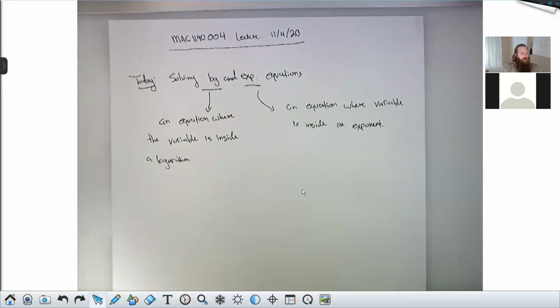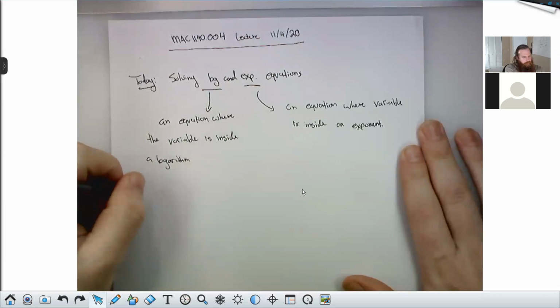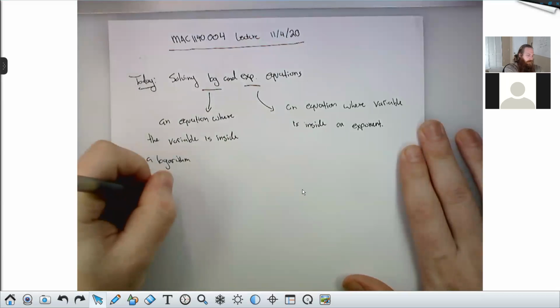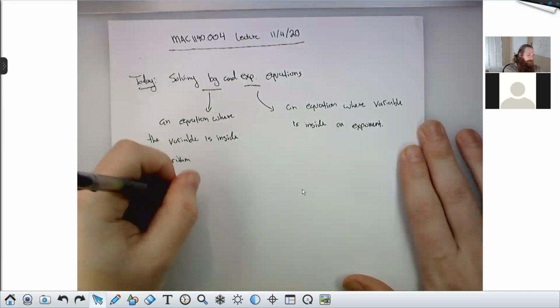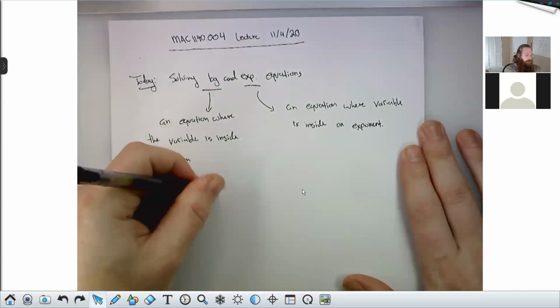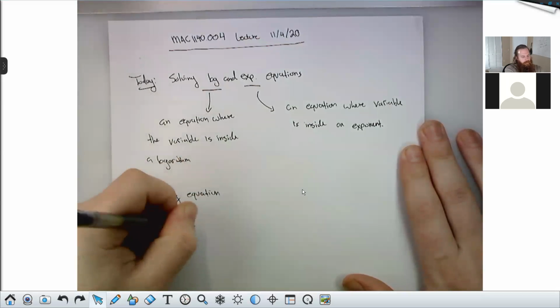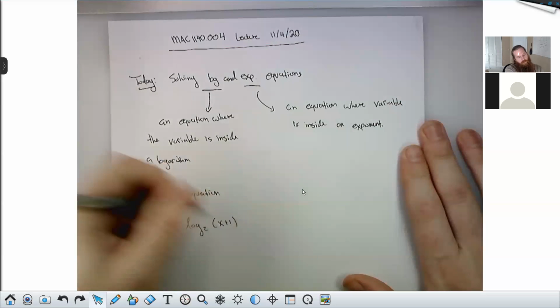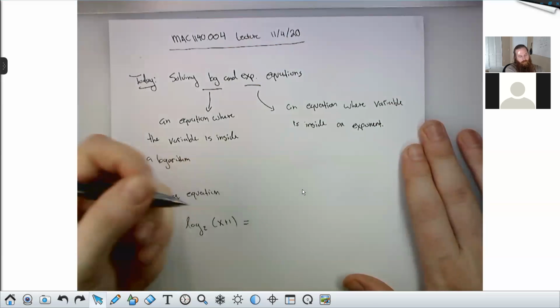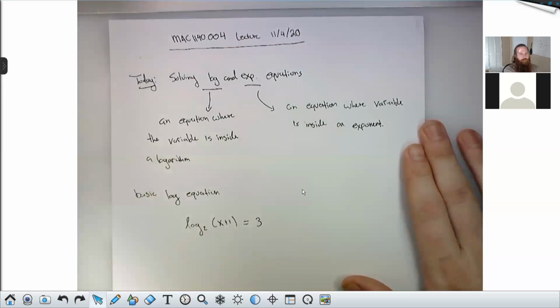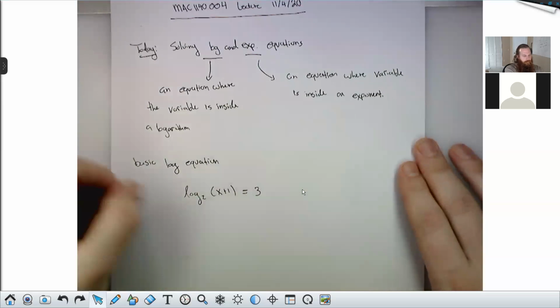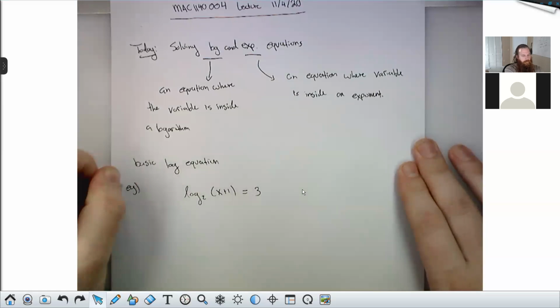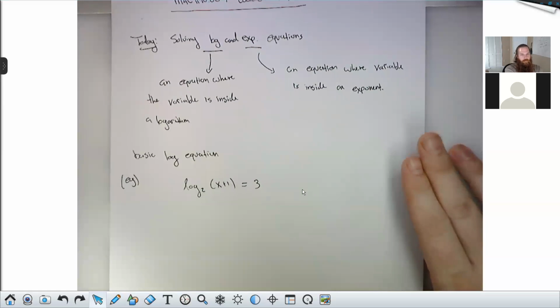Your basic log equation will be something like the log base 2 of x plus 1 equals, I don't know, 3. Kind of a very simple example.